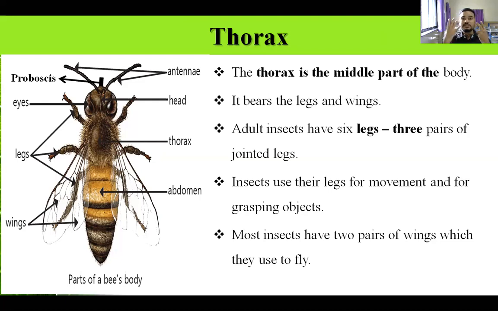They have six legs, and that means three pairs of legs. And how many wings do they have? Four, at least two, but four wings means two pairs of wings. Wings they use for flying, legs they use for grasping. This is the function of the thorax.